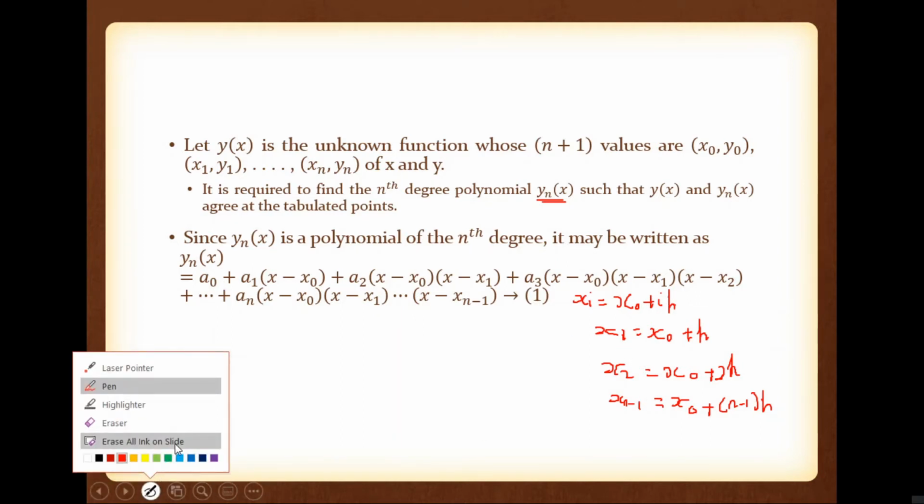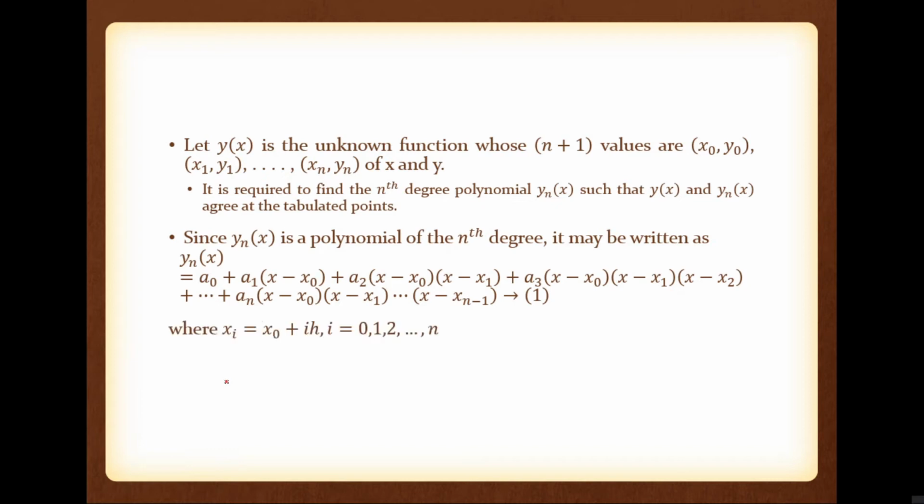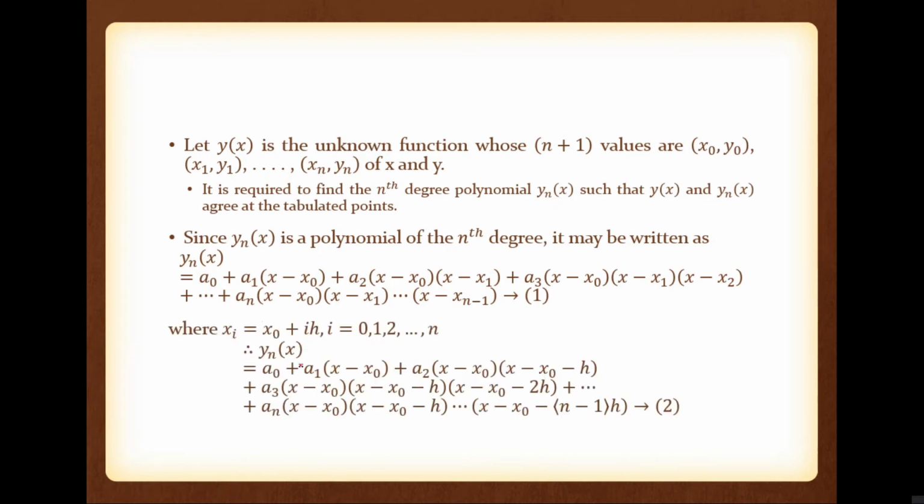So we can write yn of x is equal to a0 plus a1 into x minus x0 plus a2 into x minus x0, into x minus x1. What is x1? x1 is x0 plus h in bracket.